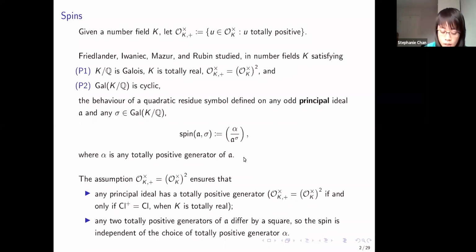So this is the first definition of spins.